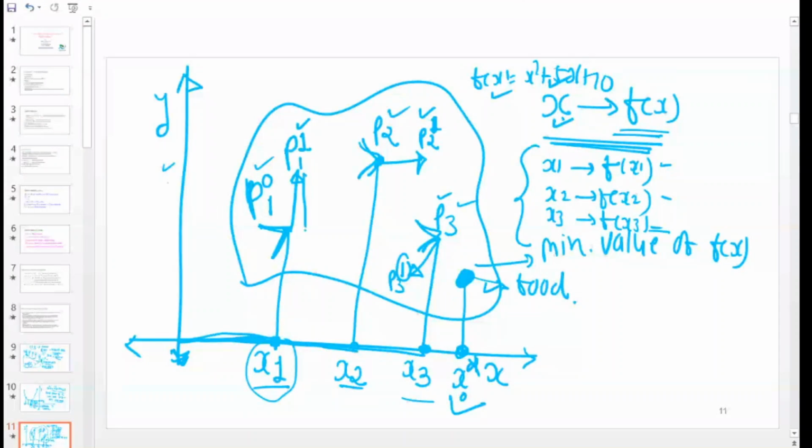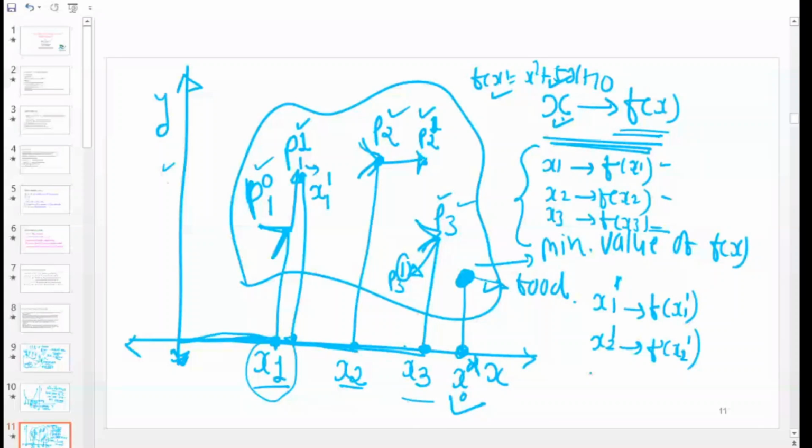Now the same procedure. The x1 value corresponding to particle 1 is x1 superscript 1. Find out f of x1. Similarly, for P2, you can find x2 superscript 1, and find out the value of the objective function f of x2 superscript 1.